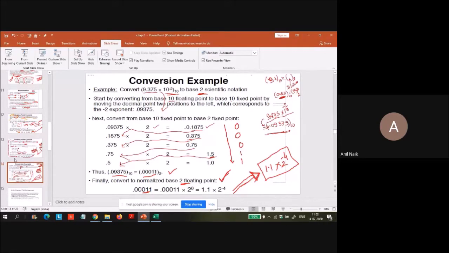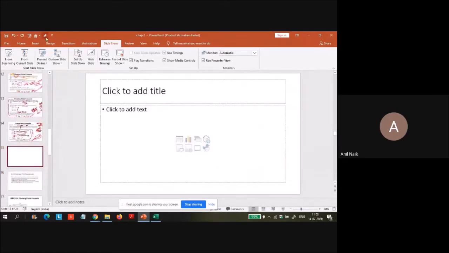So what does normalized mean? For example, take this one number. Normalization means you have to shift the bits to the left so that you get 1 in the leftmost bit, like 1.101.